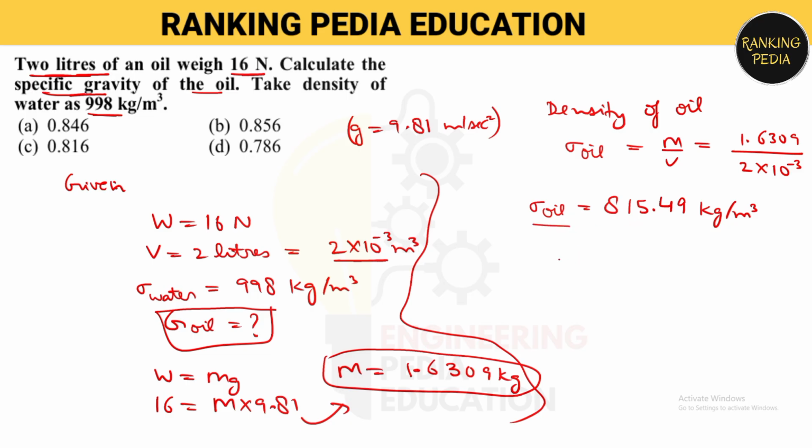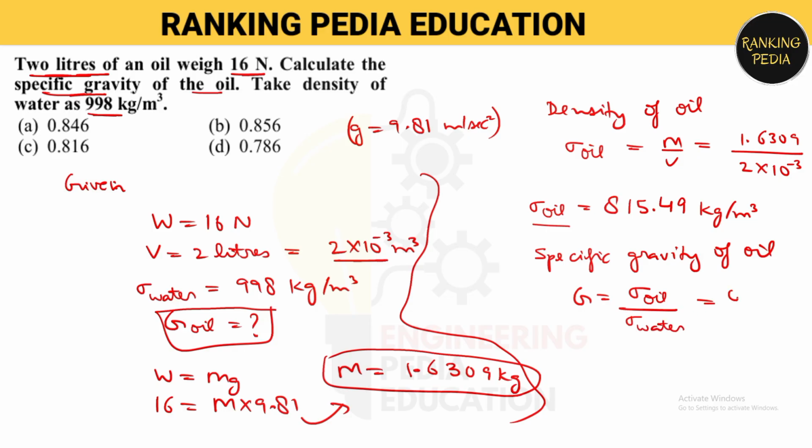Now for the specific gravity of oil: G is equal to the density of oil divided by the density of water.